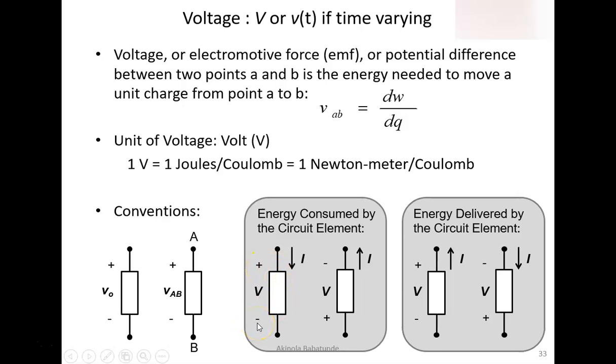If current is flowing from negative to positive, it simply means that energy is delivered by the circuit element. This is very important. You can see current flowing from negative to positive here, and also here. So this means that energy is delivered by the circuit.